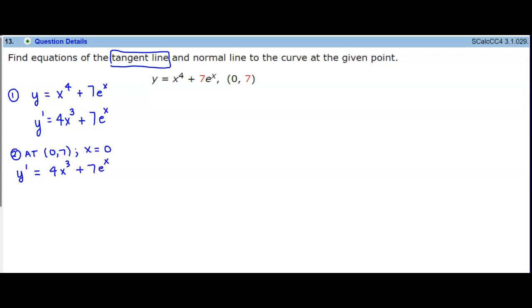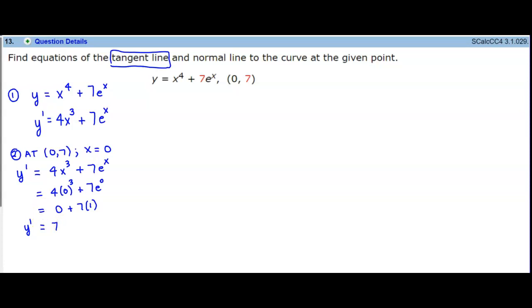And so we're going to plug in 0 for x. So we have 4 times 0 cubed plus 7e to the 0. Well, this is the same thing as saying 0 plus 7 times 1. So therefore, y prime is equal to 0 plus 7 times 1, which is 7.